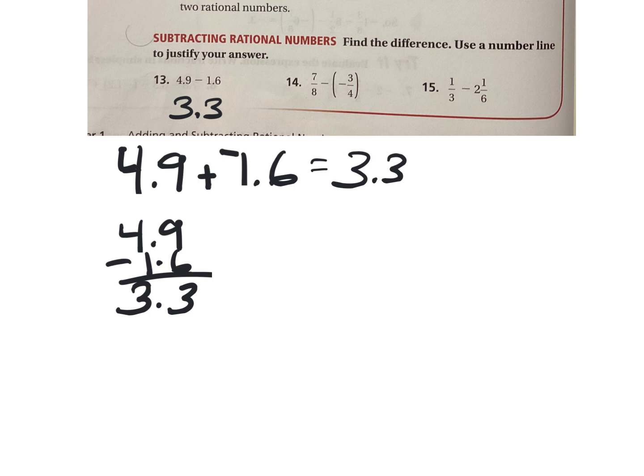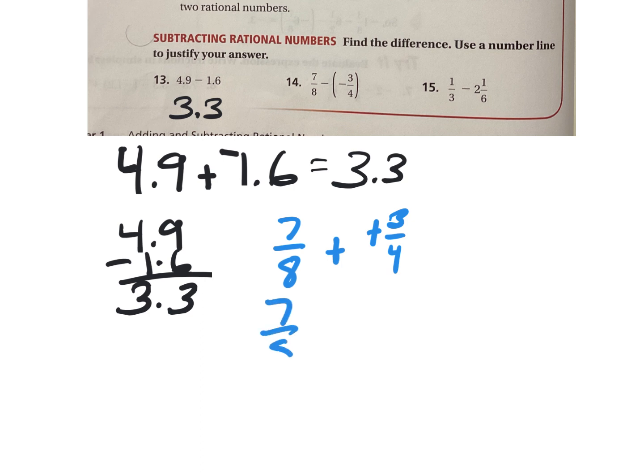Let's do the next one. 7/8 minus -3/4. It's subtracting. I'd much rather add, so I'm going to add the opposite. And now it's just adding 2 positive numbers. So 7/8 plus 3/4.